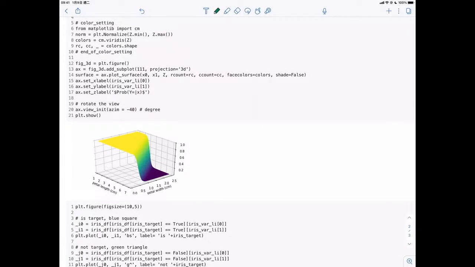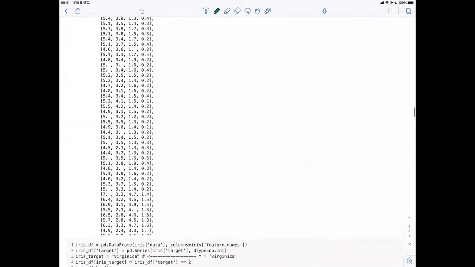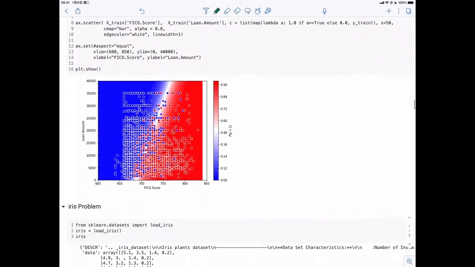It is a surface like a Z shape, but it has two different dimensions. Each dimension represents one feature, one of the parameters. The other is another feature.